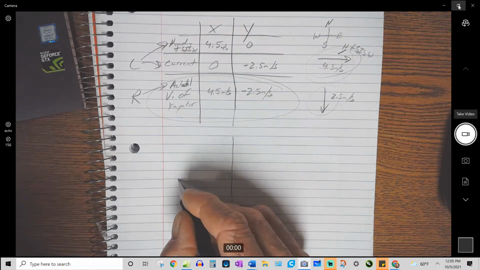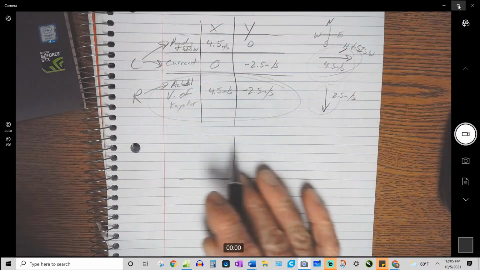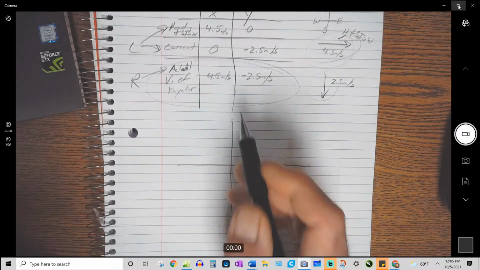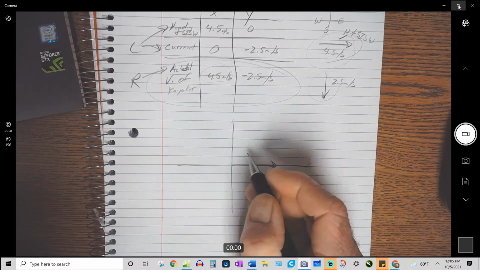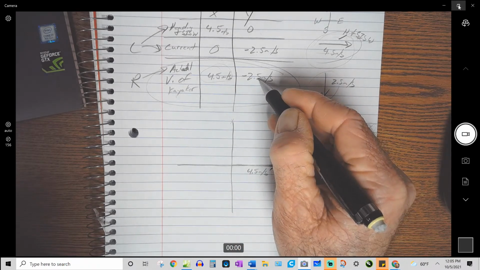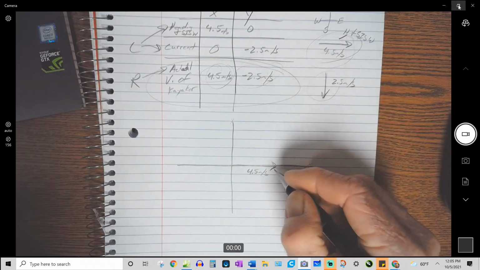If I draw this on a map view, first I'll think of this as the y dimension and the x dimension. So the x component of this is positive 4.5. The y component's negative 2.5. I'll draw these two vectors head to tail.